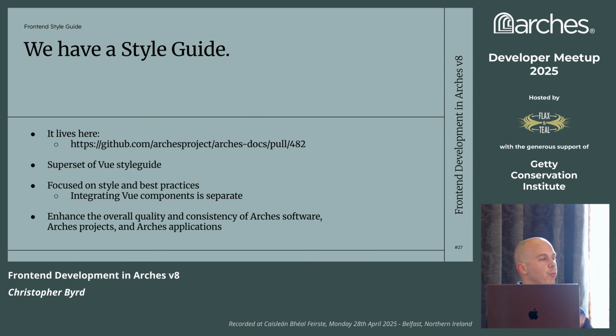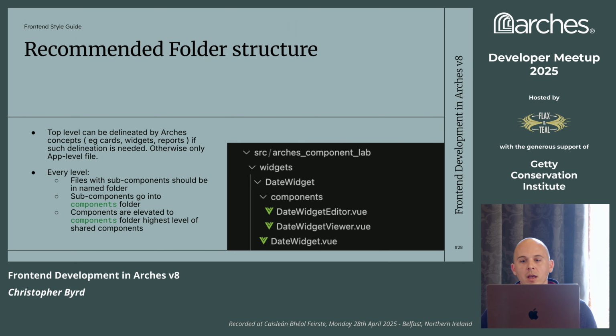A few just broad stroke excerpts from the style guide. We have a recommended folder structure for your source folder. Essentially, the top level delineated by Arches entities: reports, widgets, cards, etc. If you need to, you don't have to, right? If you're building a specific plugin or something that does one thing and maybe doesn't live in any of those folders, well, don't force it.